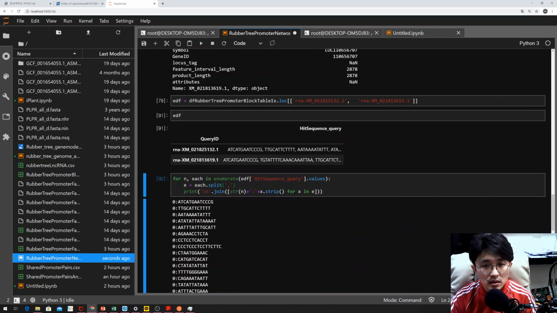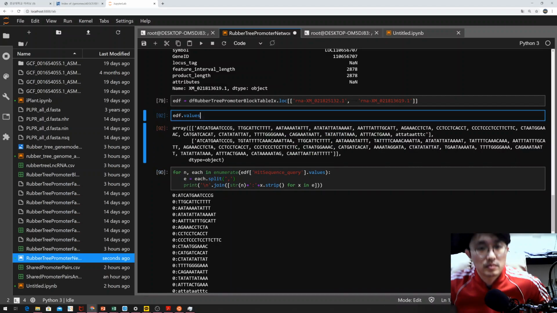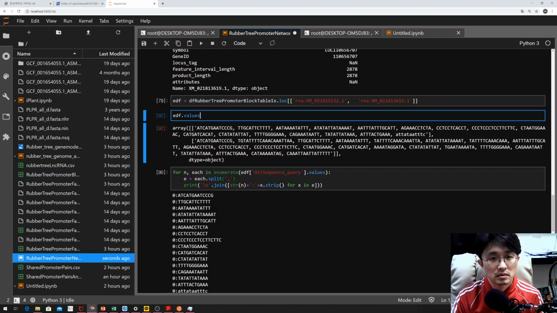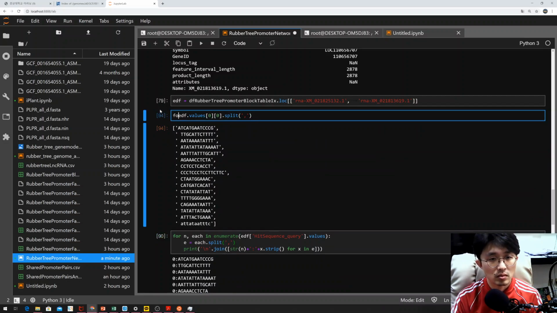Okay, so we can just bias, first one, and first one, comma, strip.